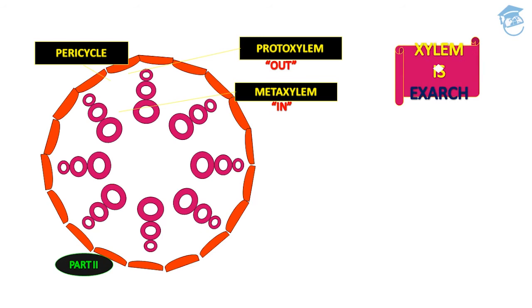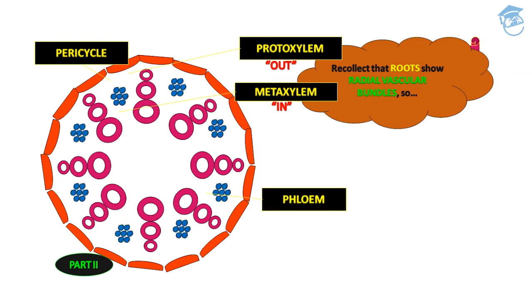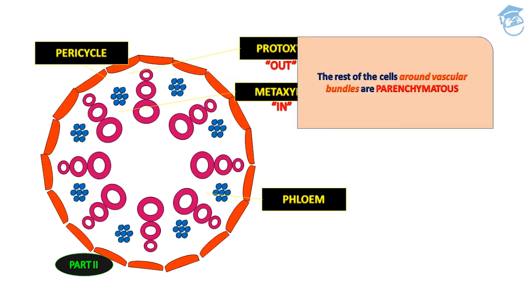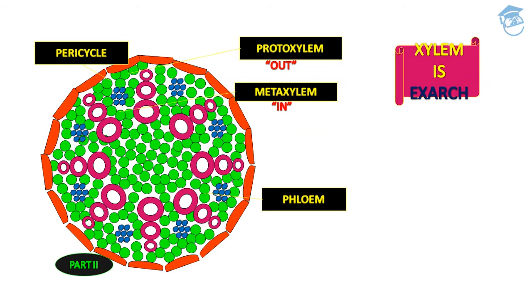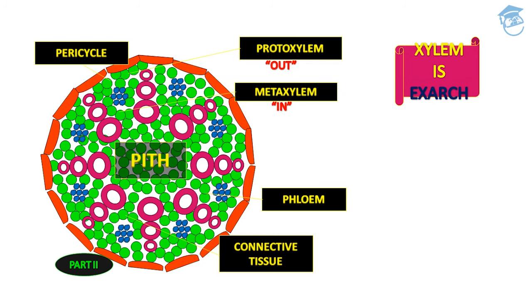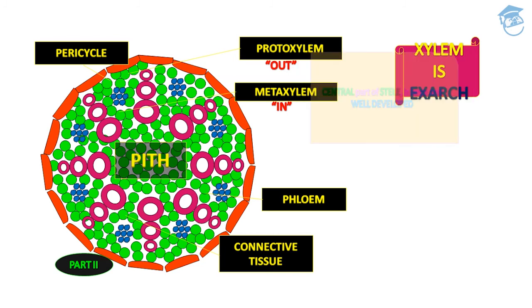So here xylem is in its exact position because root shows radial vascular bundles, so they have phloem on the same radii as the xylem. The rest of the cells around the vascular bundle are parenchymatous like this, and it is also called connective tissue. It is also called conjunctive tissue, which is found between xylem and phloem, and it has pith. So the central part of the stele is large and well developed.